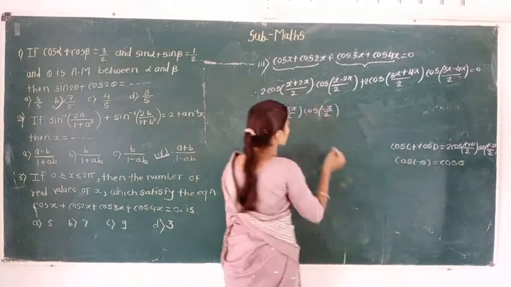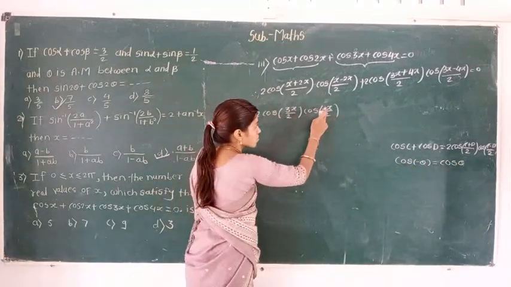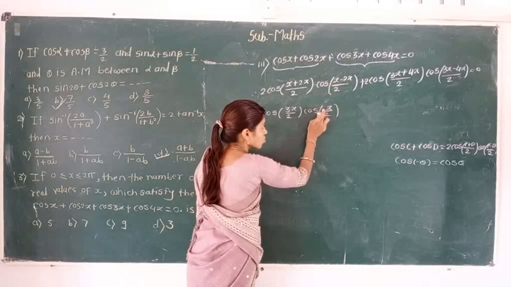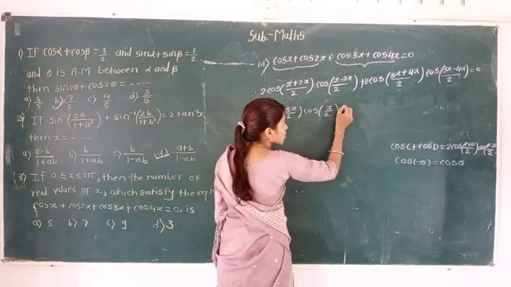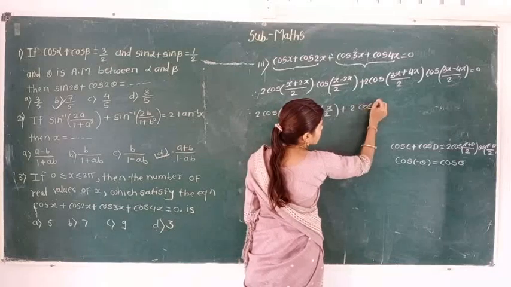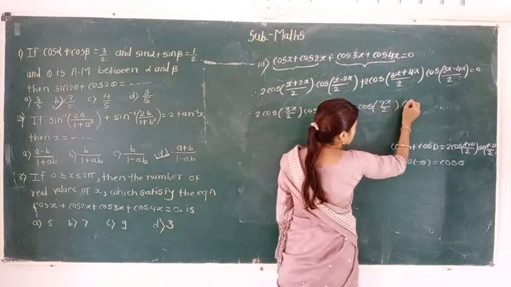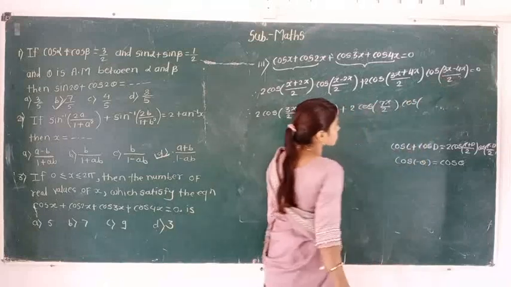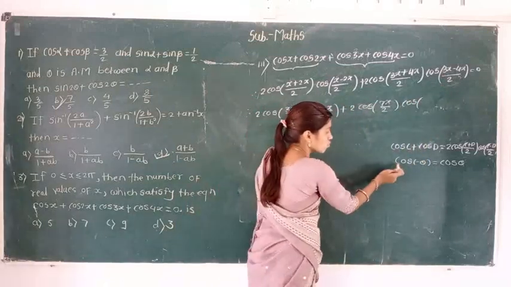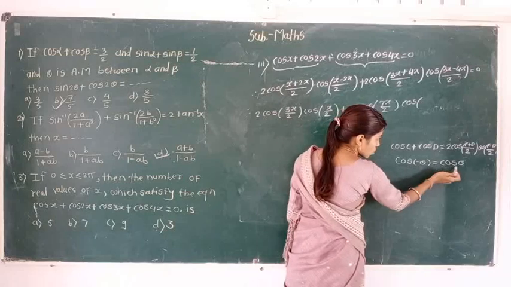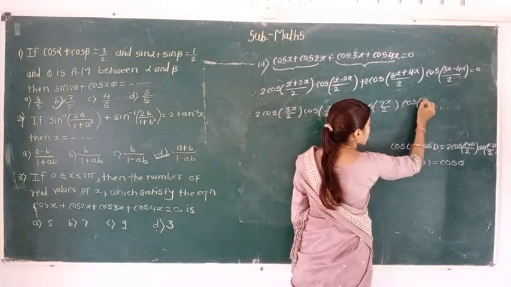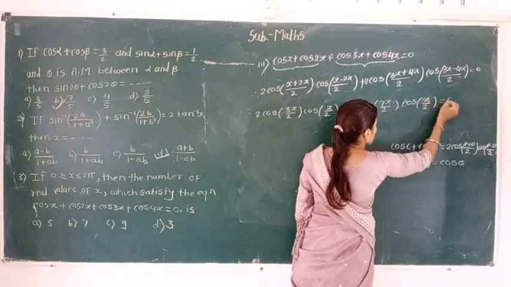So cos(minus x by 2) is cos(x by 2), plus 2 cos(7x by 2) into cos(minus x by 2), which again is cos(x by 2), is equal to 0.